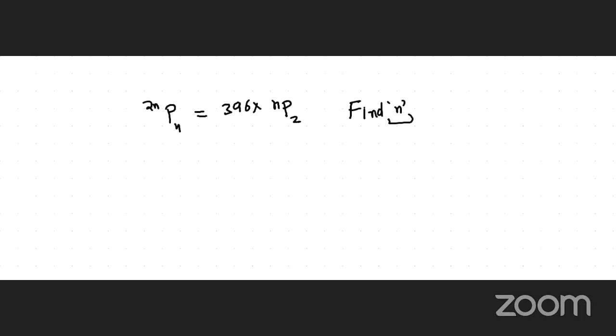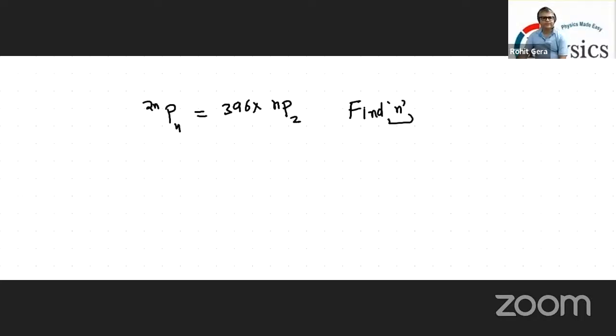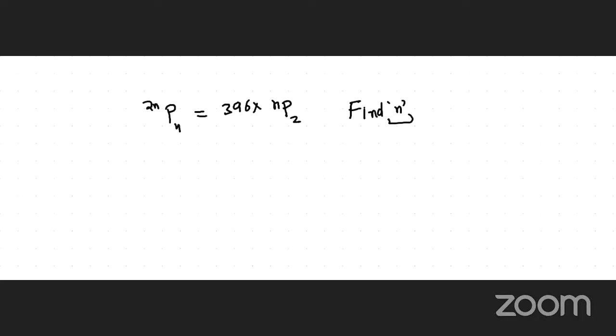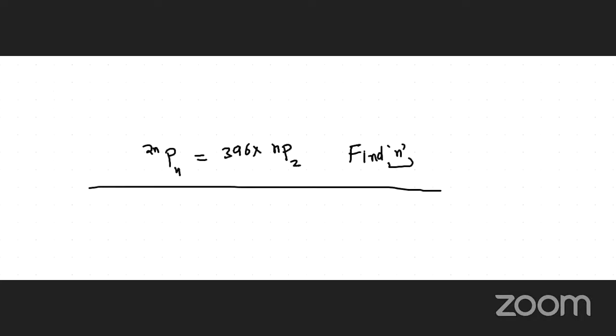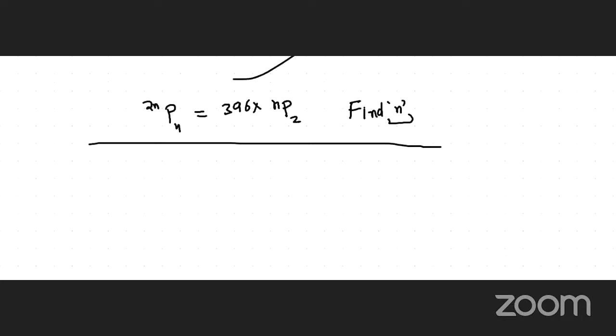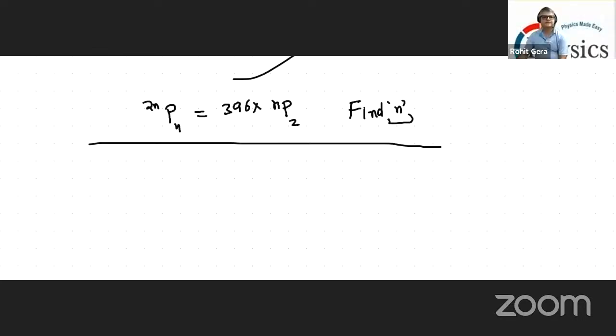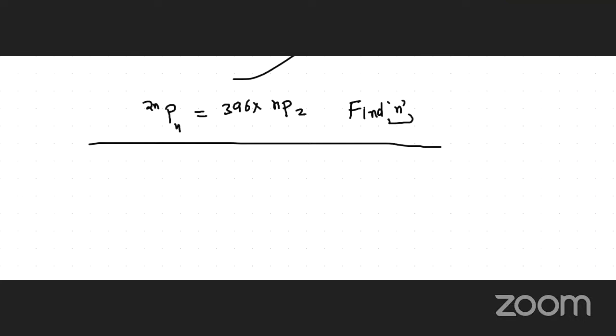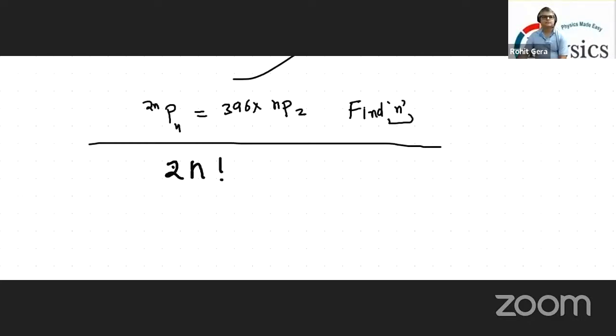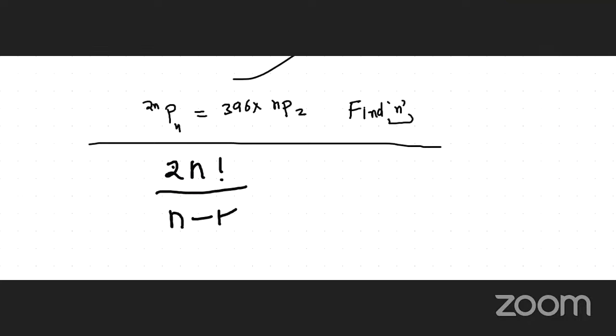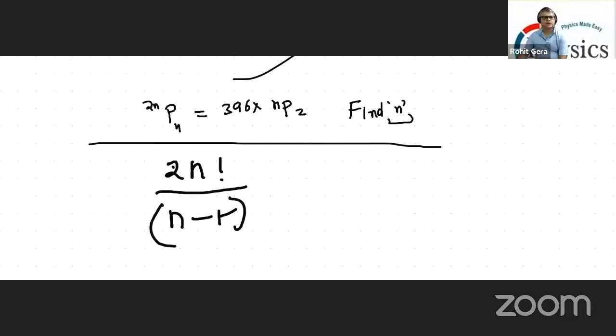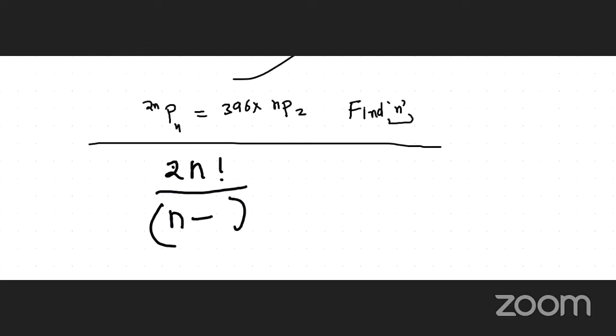Where is the question? Did you write it? Where? Here it is. You're on page 3. This is P2 and this is 4. Okay. 2n minus 4. What is r? 4. Oh, sorry.